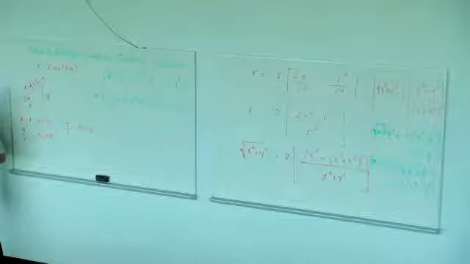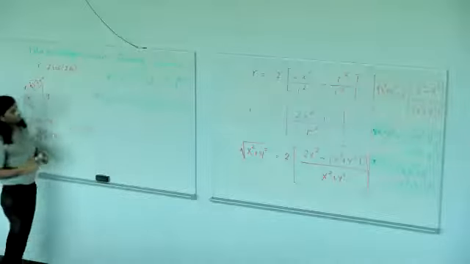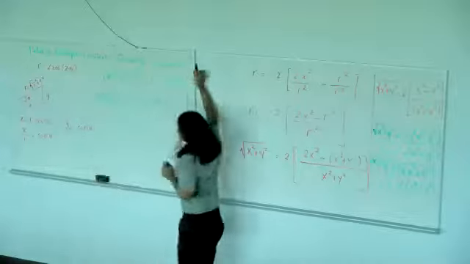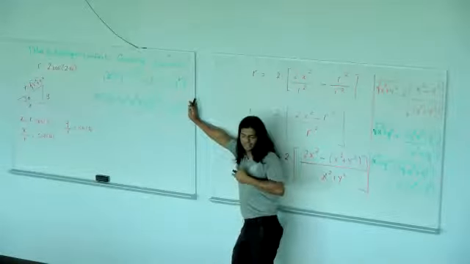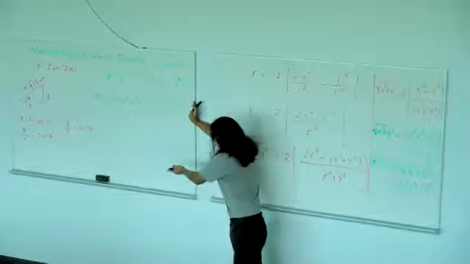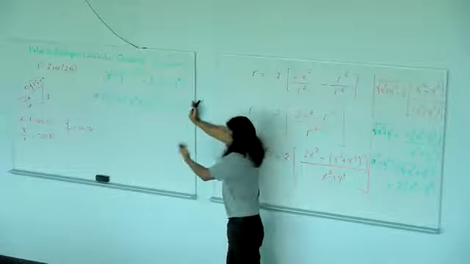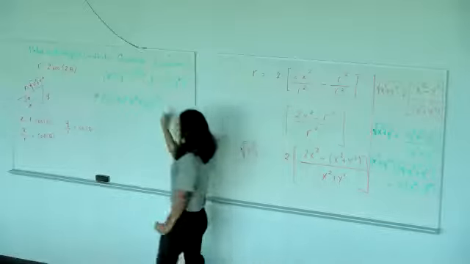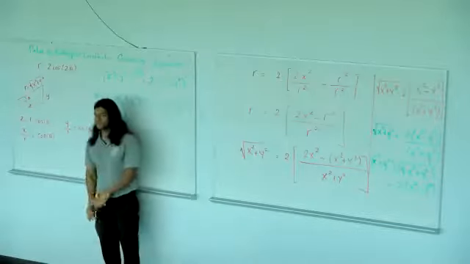That is my equation. All I did is distribute the 2, 2x squared minus 2y squared. I moved negative 2y squared from the right hand side to the left. It became positive 2y squared.